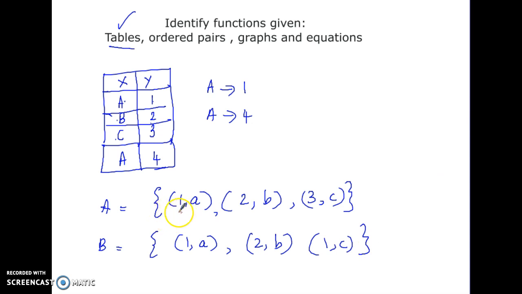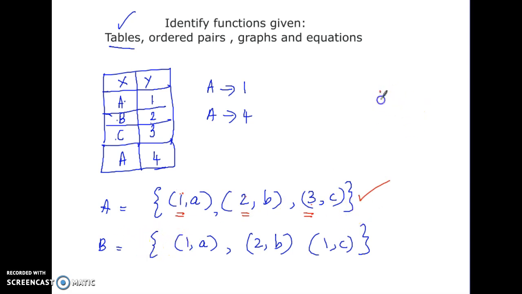In the first set, we know that the first elements are our x. This is an x, and this is an x. So all the x are unique. 1 only occurred one time, 2 only occurred one time, 3 only occurred one time. As long as each x occurred only one time, it is a function. So set A is a function.